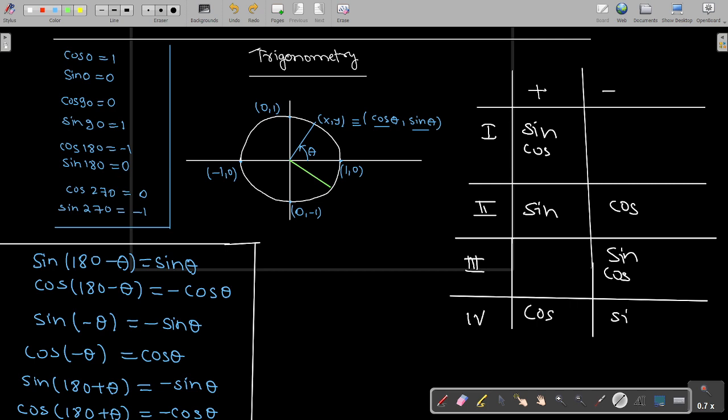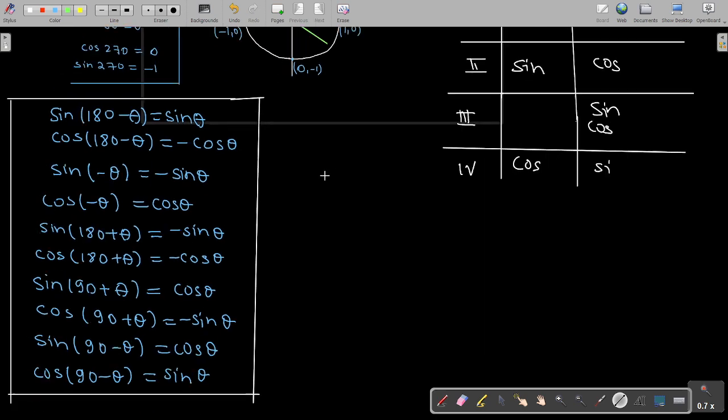Sir, for these formulas we just have to remember the cases and put sine or cos. For example, 180 minus theta, we do it with sine and cos, and then we have minus theta. There's probably plus theta as well. There is 180 plus theta.